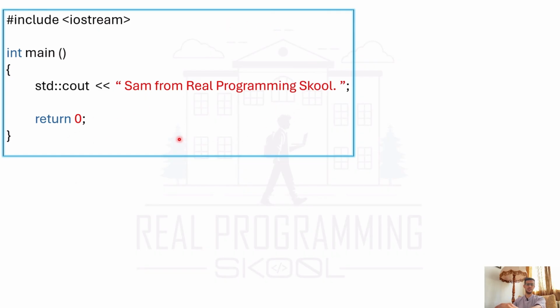In the end, this program will print for us something from reprogramming Skool on that black screen. If you remember, in the previous lesson when we downloaded and installed the Visual Studio application on the desktop, we had a Hello World program ready after we installed it.